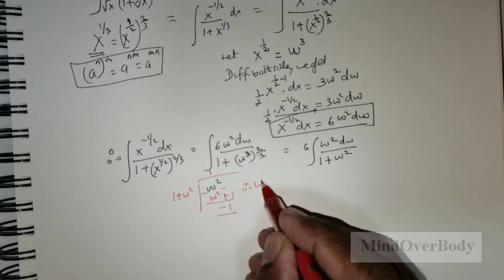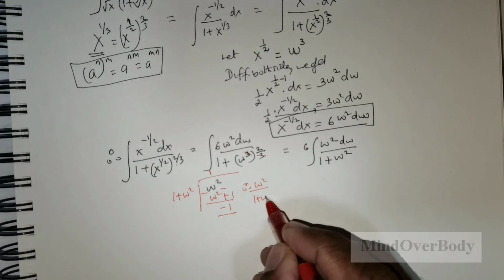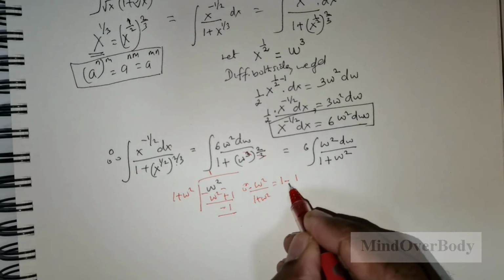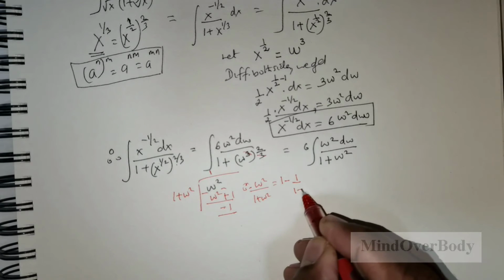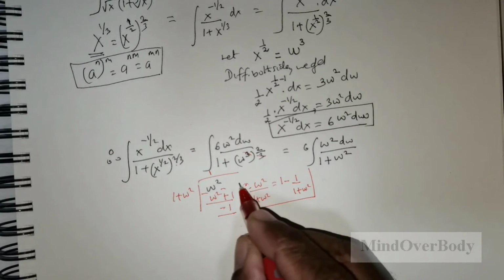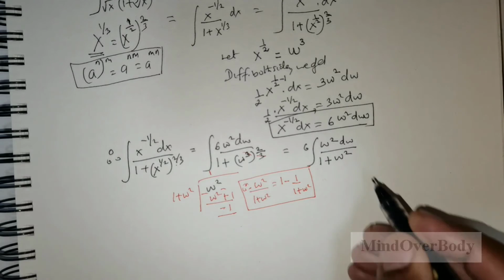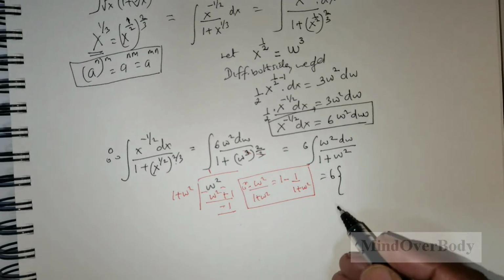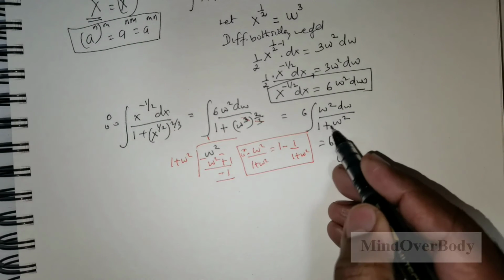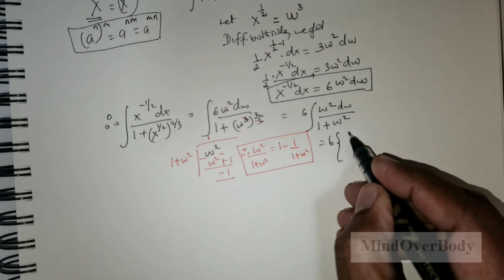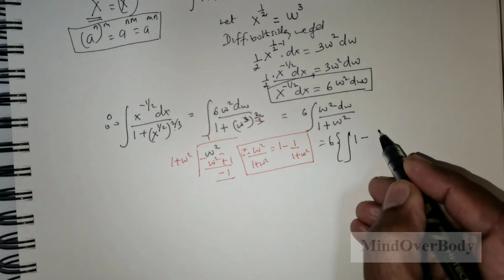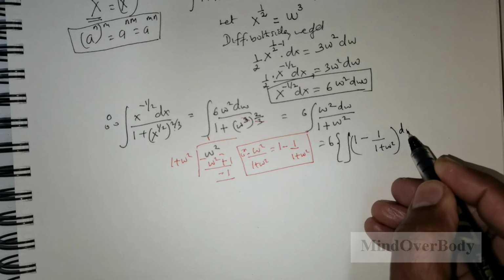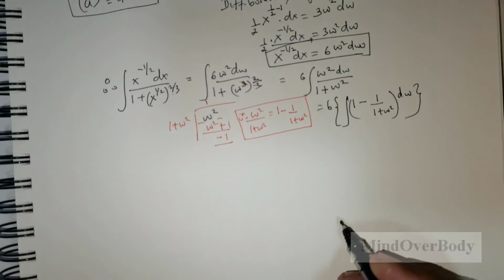So therefore w squared divided by (1 + w squared) can be rewritten as 1 minus 1 divided by (1 + w squared). So this is the representation I have got. Using that, it's going to be 6 times the integral of (1 minus 1/(1 + w squared)) dw, close the parenthesis.